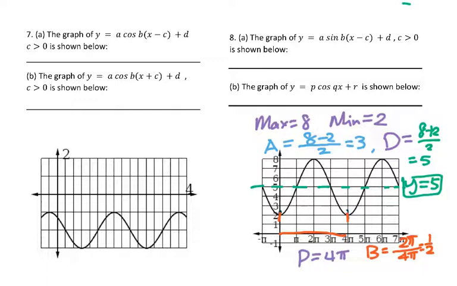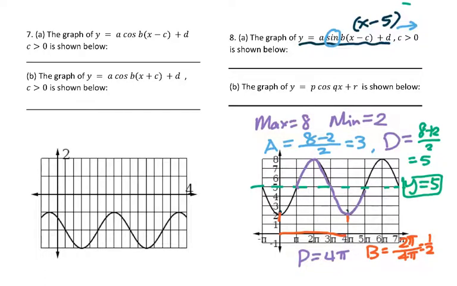Now let's go to C. So check this pattern. C is positive. We're doing x minus C, minus, for example, 5. That's move to the right side. So we need a starting point on the right side, but we need to draw a sine pattern. Therefore, we can draw this one.